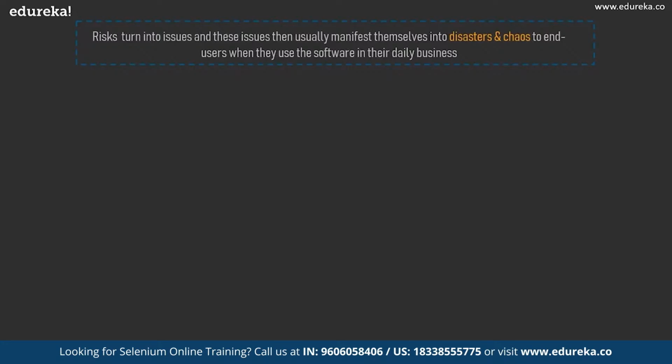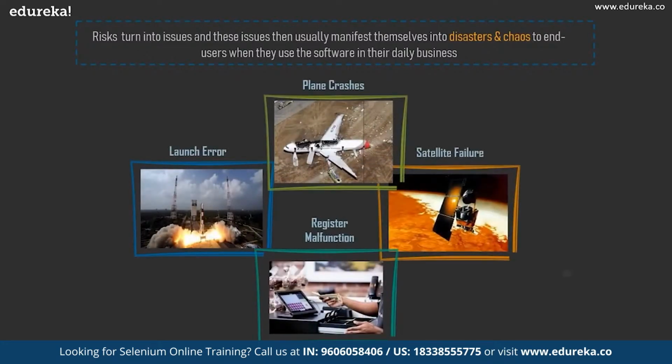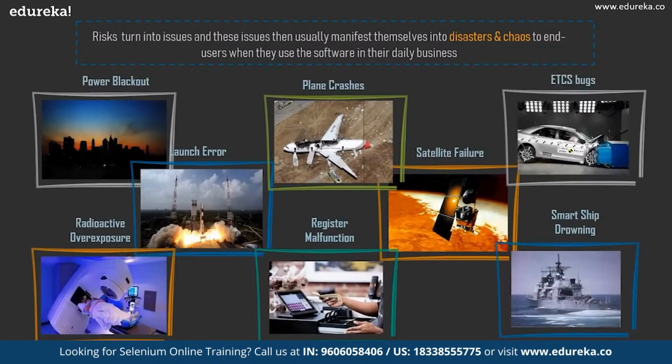Unfortunately, sometimes these issues manifest into software disasters and have caused millions of dollars in waste and sometimes even led to casualties. For example, a Starbucks coffee shop was forced to give away free drinks just because of a register malfunction. An F-35 military aircraft was unable to detect targets correctly because of a radar failure. A high voltage power line in northern Ohio brushed against some overgrown trees and was shut down.